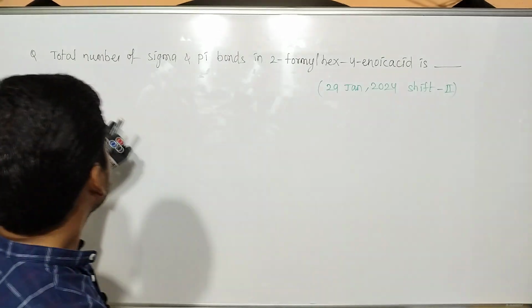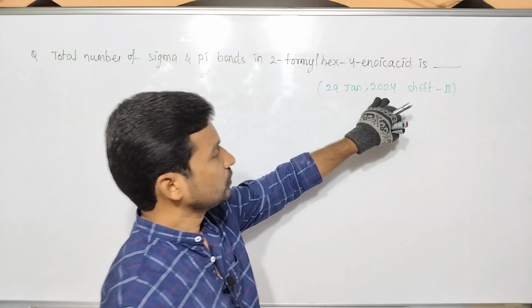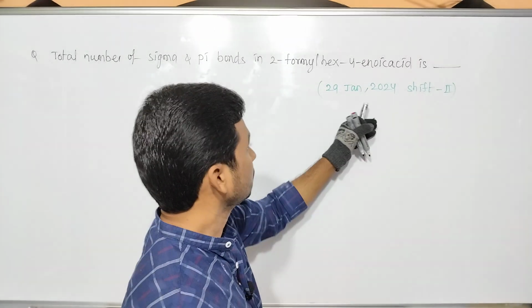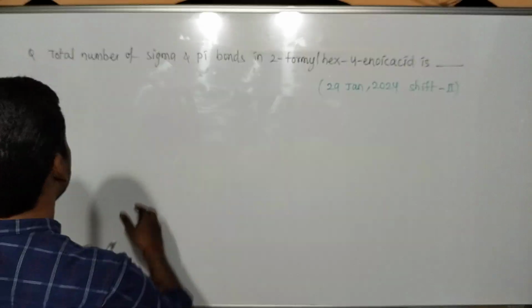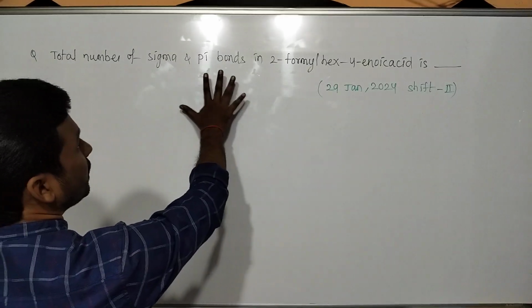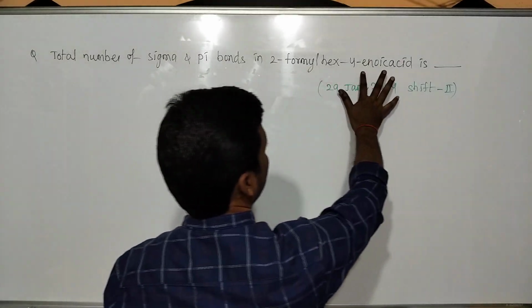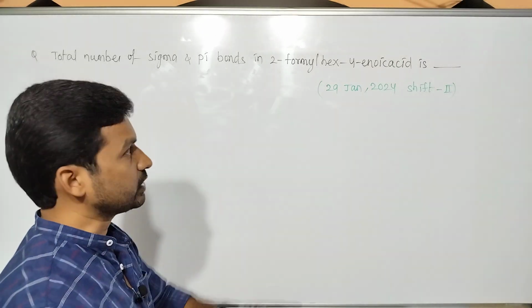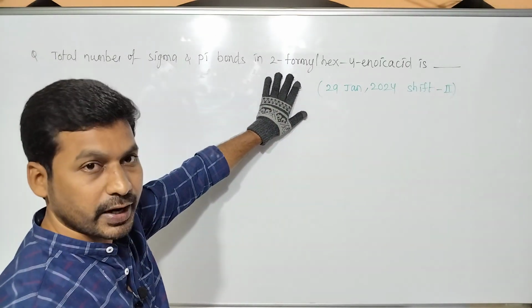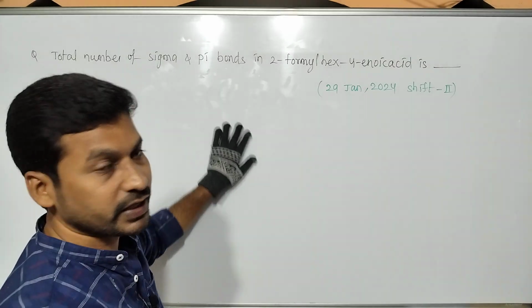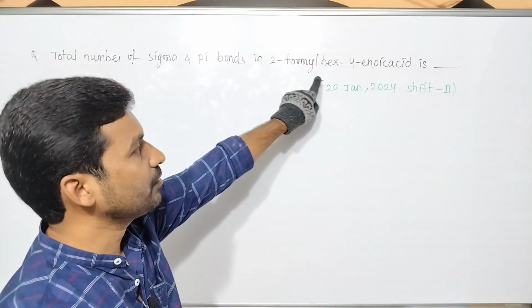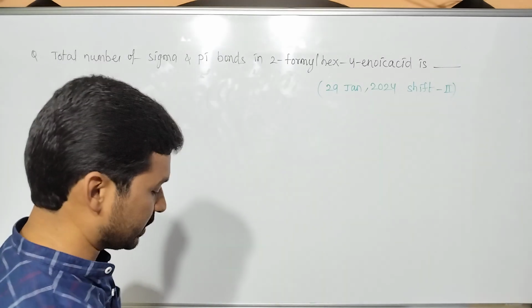Next question, which was asked in 2024 January 29th, shift 2, a JEE Mains question. What is the question? Total number of sigma and pi bonds in 2-formyl hex-4-enoic acid. They will not give the structure, only the name, and they will give options. So that means you have to write the structure of 2-formyl hex-4-enoic acid first.